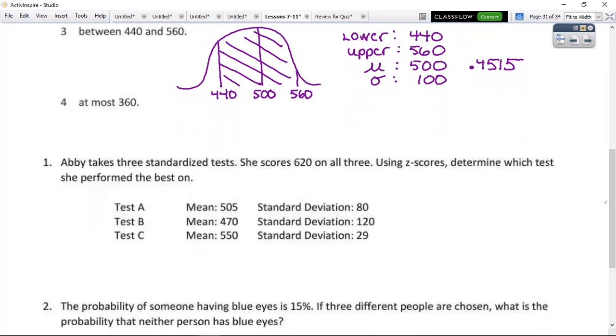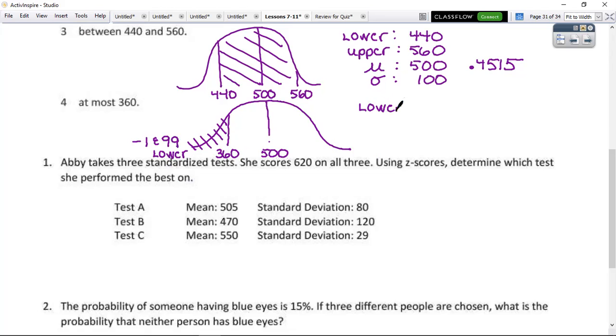Good. Lastly, with this one, at most 360. So again, I'm going right down from the center of my distribution, representing my mean. At most 360 means which way am I shading? To the left. Lower is over here. For lower, we use -1E99. So on my screen, I'm going to type -1E99.